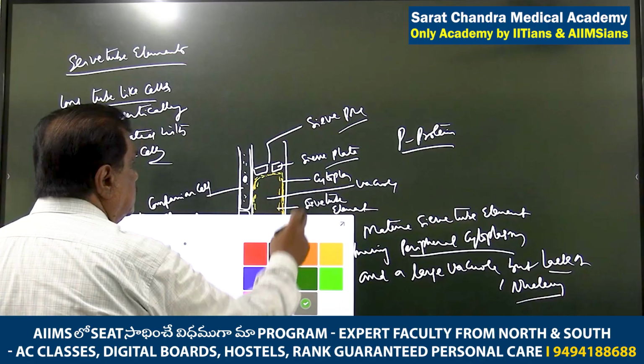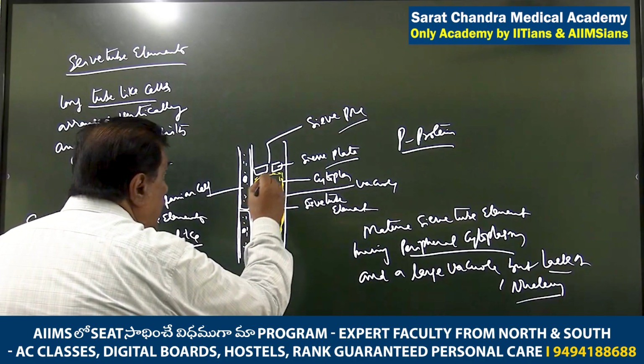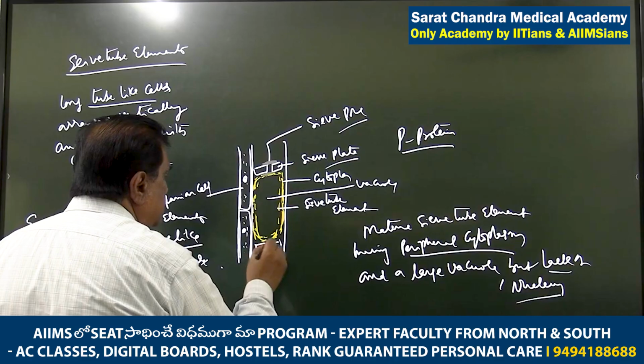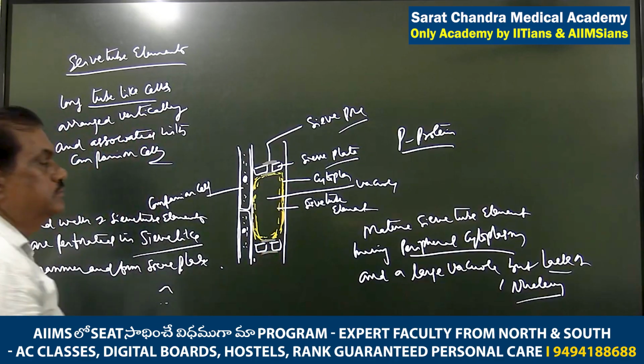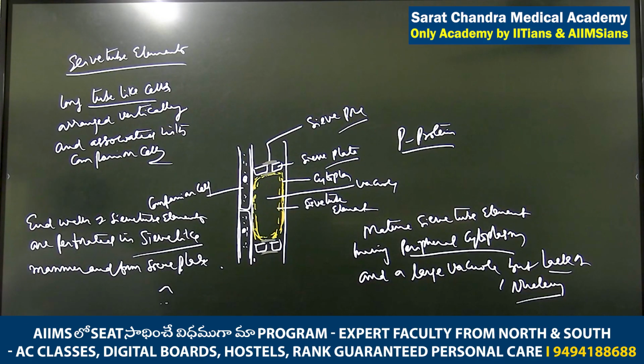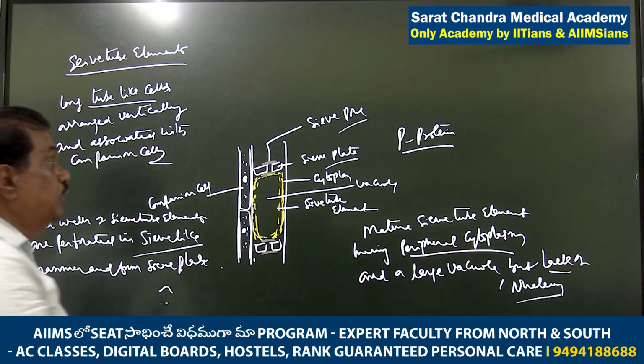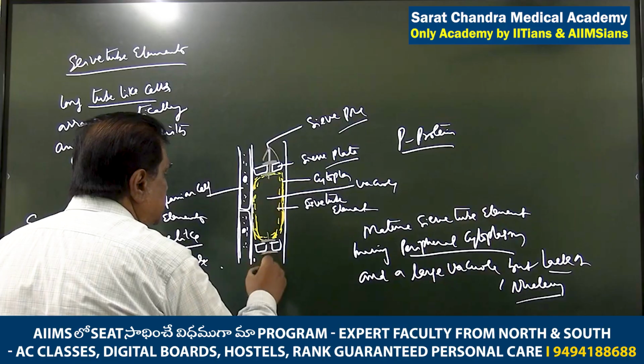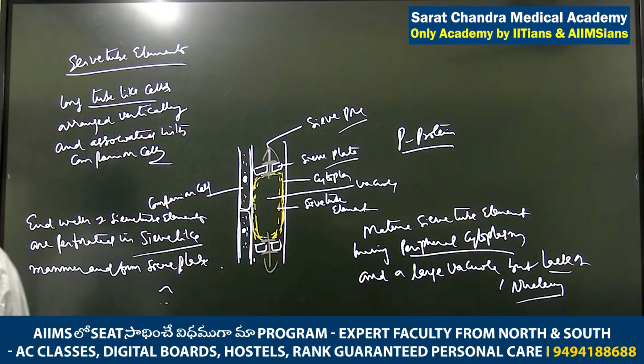That P protein completely blocks the sieve pores of the sieve plate, and that obstructs the conduction of food materials. So you have to remember that the conduction of food materials takes place through the sieve pores of the sieve plate, from one sieve tube element to another.